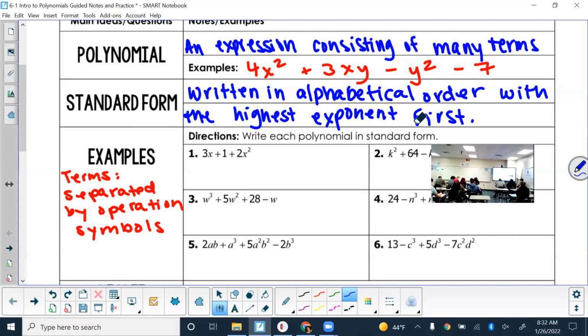All right. Standard form means written in alphabetical order with the highest exponent first.